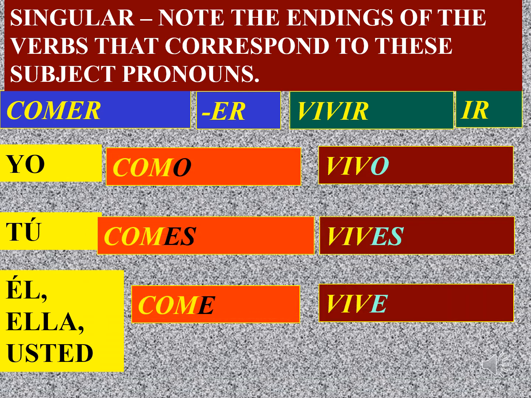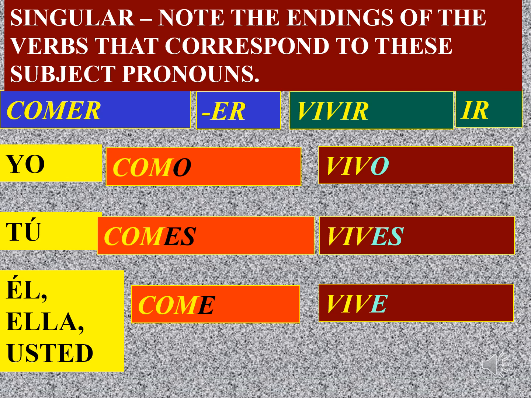Moving on to the ER and IR verbs, let's see what they do with the endings in their singular forms. Yo como, tú comes, él, ella, usted come. Comer is to eat. Vivir, to live.